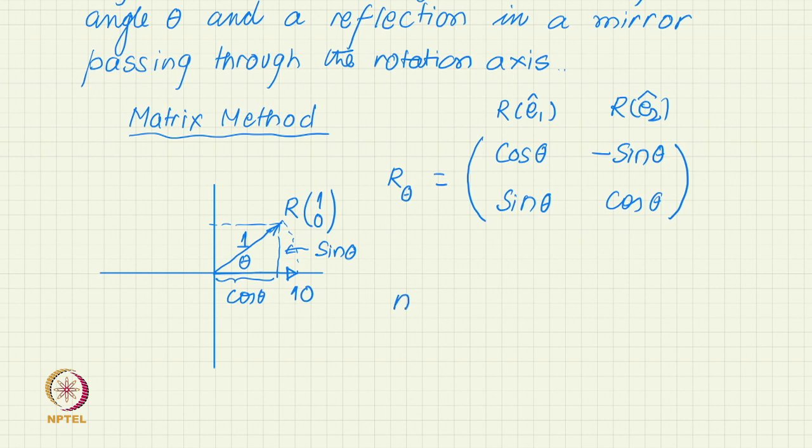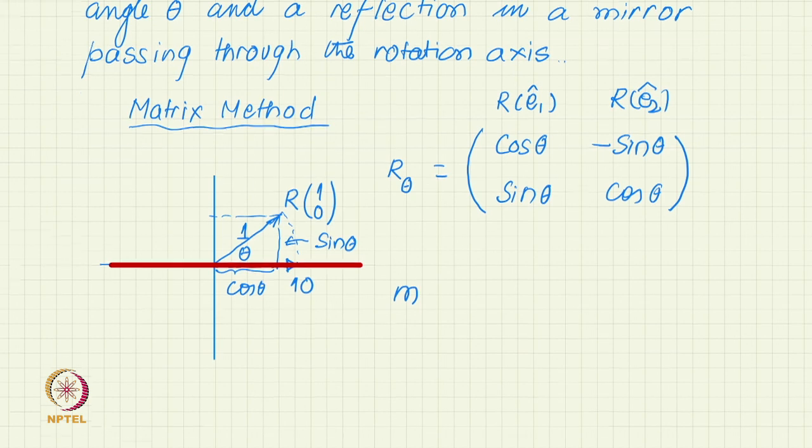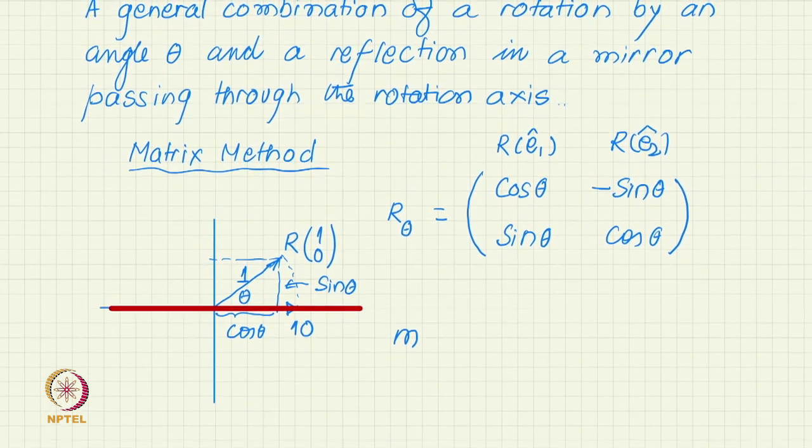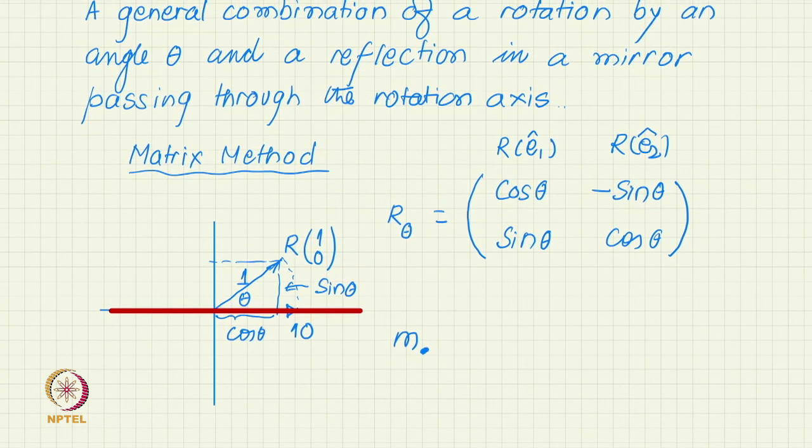The reflection matrix, the mirror plane. Now, the mirror plane you can take in any orientation, but it is convenient to choose it along your x axis or y axis, since the x axis is a better reference line. So, let us call that our mirror, and I am calling this a mirror at 0 degrees. So, the mirror is characterized by its tilt with respect to the x axis.